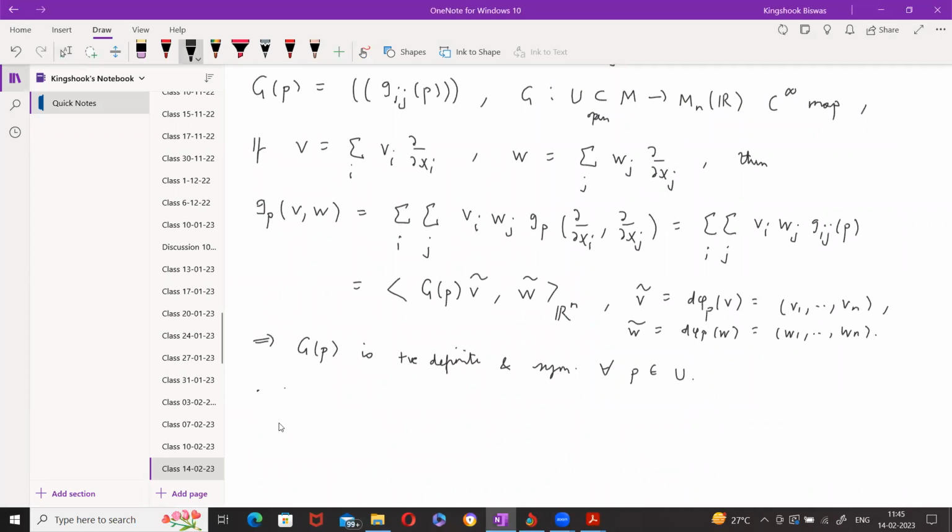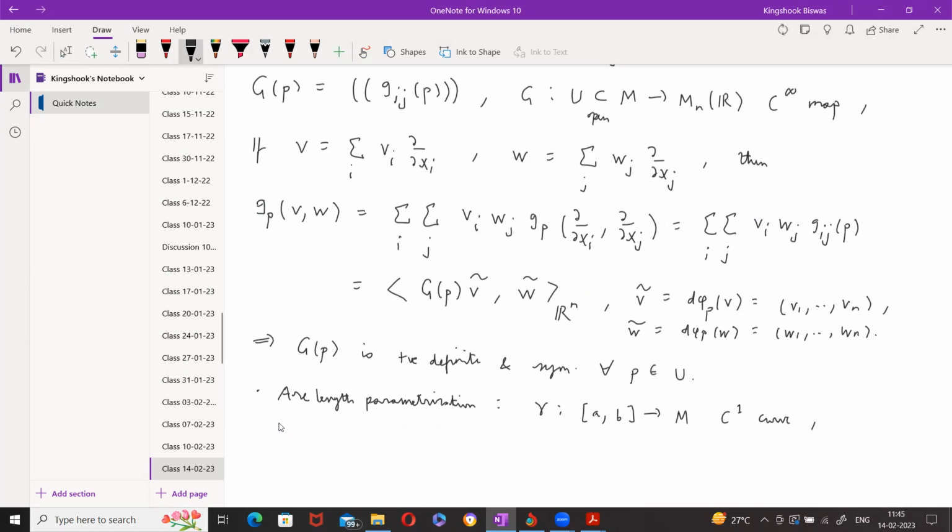Since the length is invariant under reparametrization, you can always parametrize your curve by what's called arc length. So arc length parametrization. Suppose you have gamma from AB into M, a C1 or piecewise C1 curve.